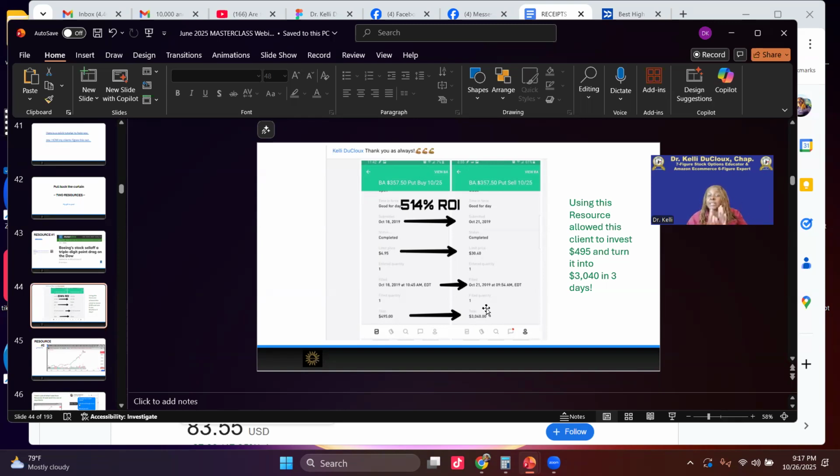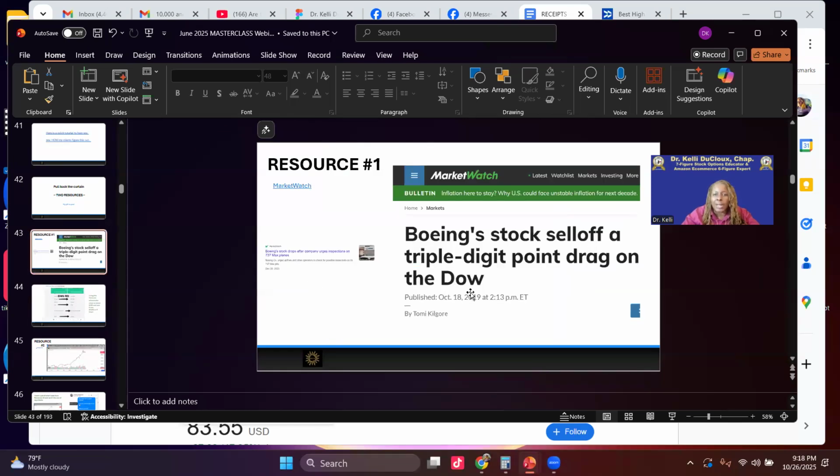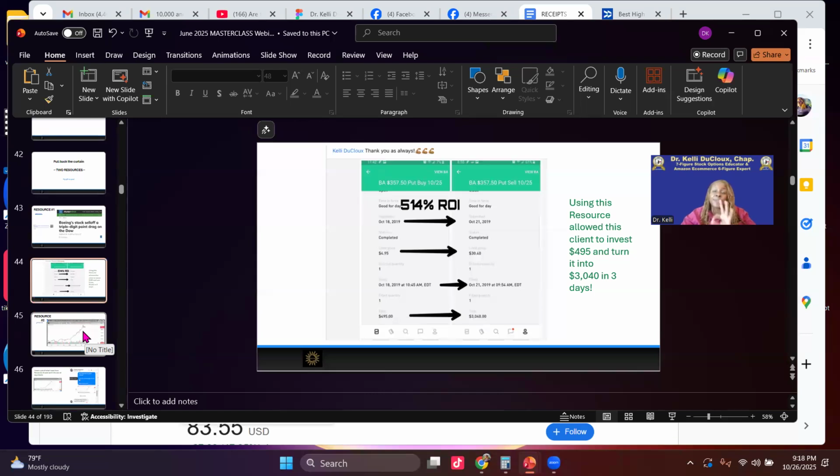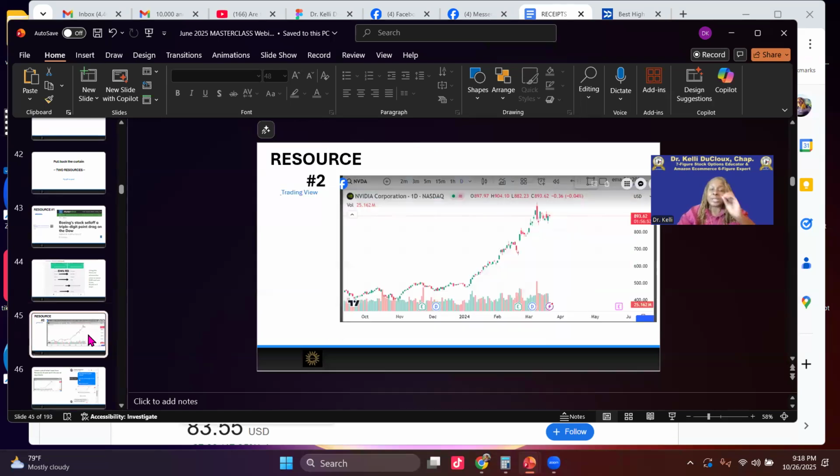Just looking at the headline gave us the hint of what was going to happen. Now, of course, my client read the article and went down a rabbit hole and did all his research, but I'm just showing you how easy this can be. Now, if you look right here, it says October 18, 2019, the date of the article. So this is how easy it can get. So that's the first gift, the resource marketwatch.com.